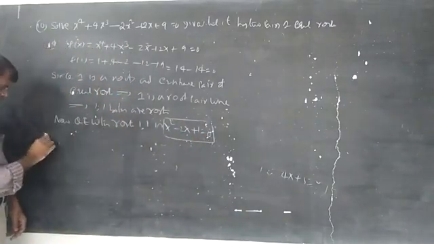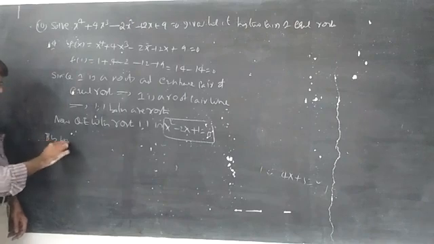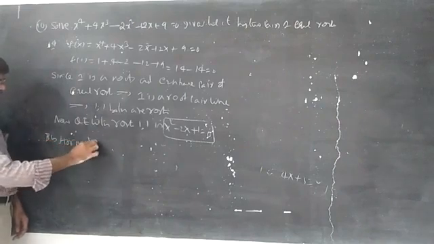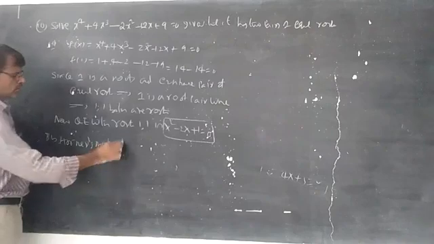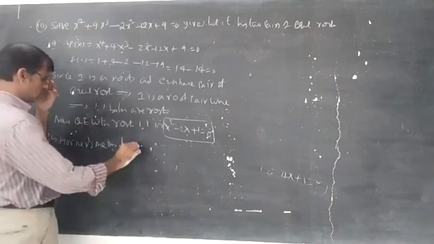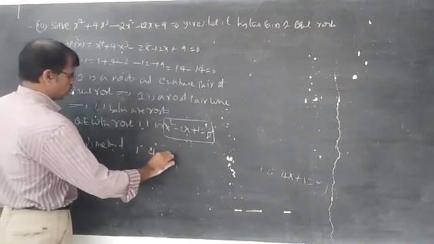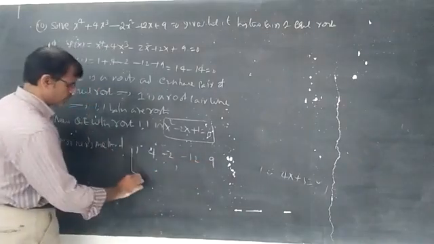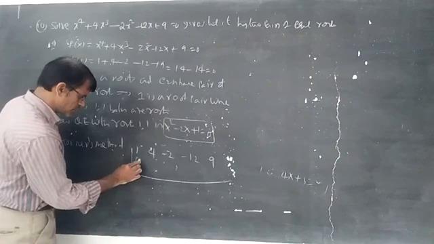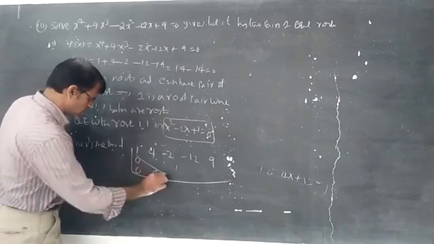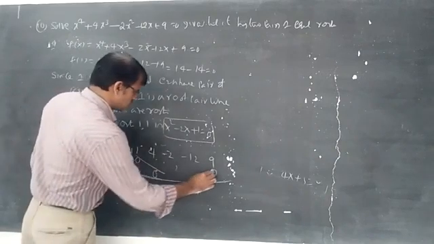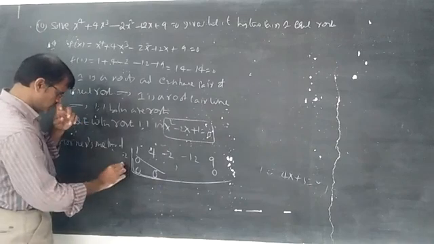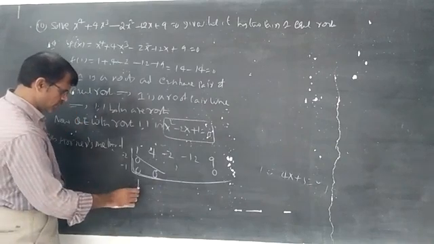Using this equation, now by Horner's method we can understand here, this is 1, 4, minus 2, minus 12 and 9. Put here 0, 0, 0, and here it is 0. Put here this is 2, this is minus 1, this is 1.